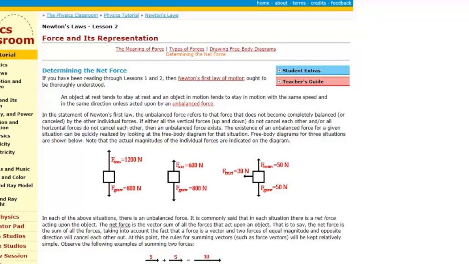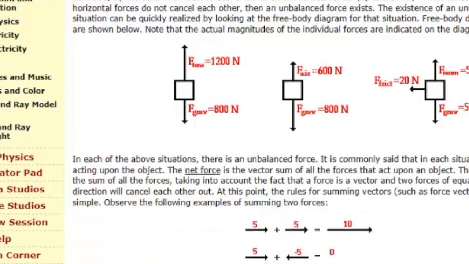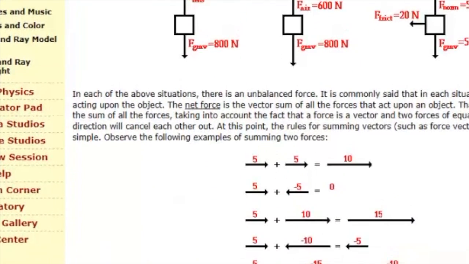So when we look at a typical free body diagram, the one on the left, you see F tens upward, that means tension, and you see F grav down, that's gravity, two of the forces listed in your textbook. If F tension is 1200 newtons up and F grav is 800 newtons down, the net force would just be found by subtracting the two.